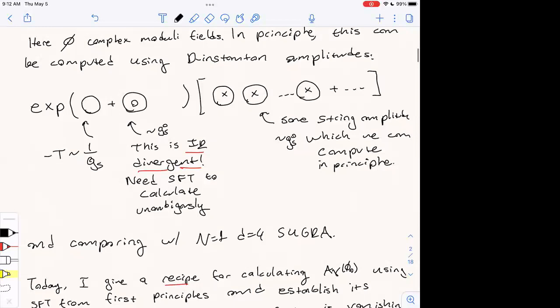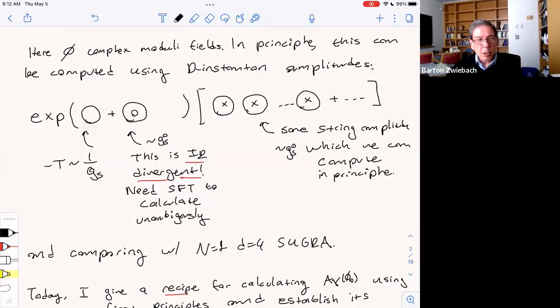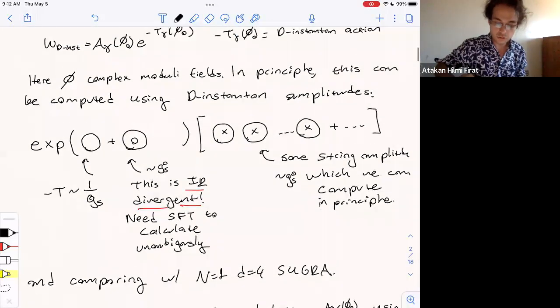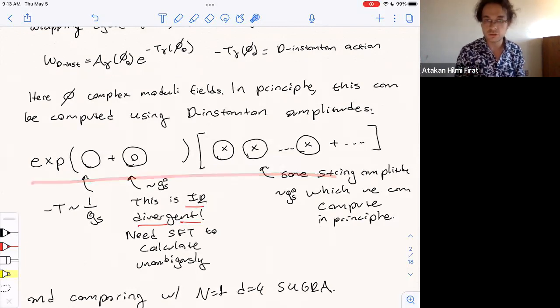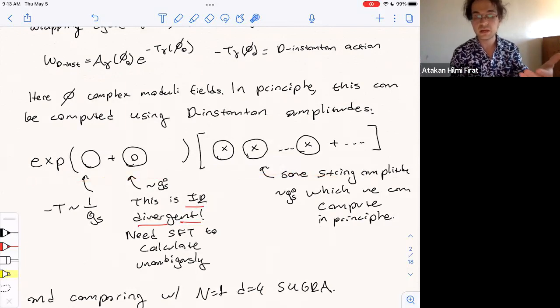Atakan, is that expression with bubbles and everything supposed to be the whole superpotential? No, the way we are doing it is that we are looking for the particular term induced by the superpotential. So the strategy is that I will consider this amplitude, and this will give some term in the effective action.